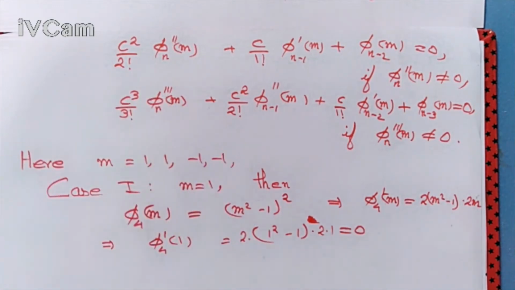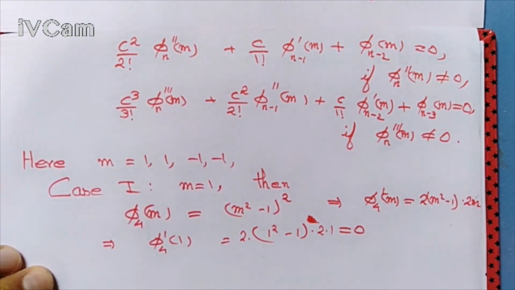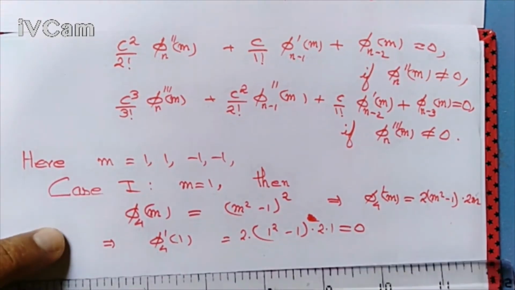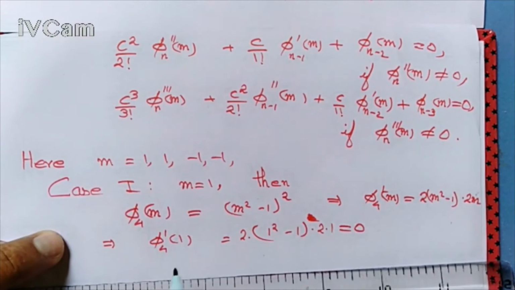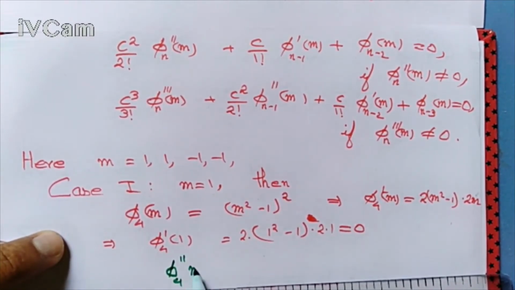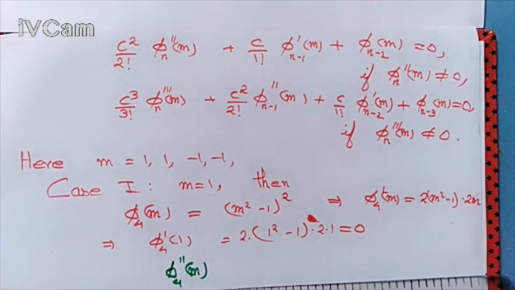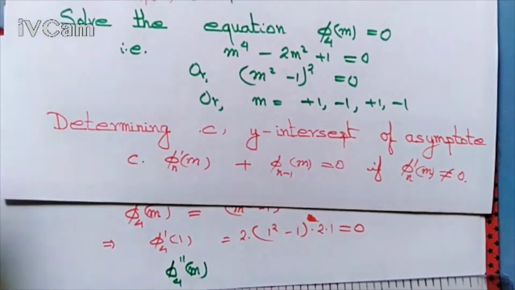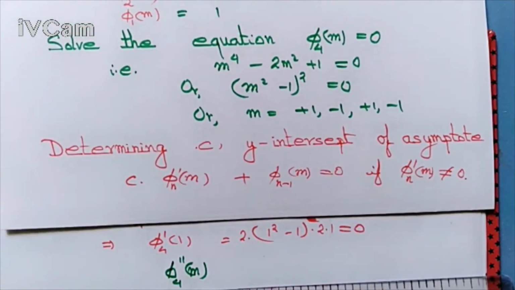What about phi 4 double dash 1? Phi 4 double dash m. I think it's easier to differentiate the expression m to the power 4 minus 2m square plus 1.